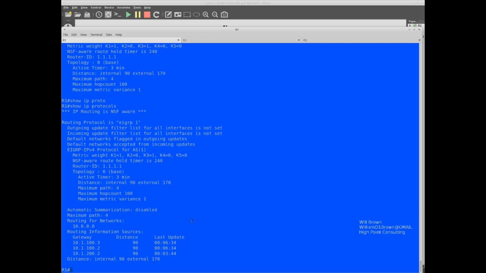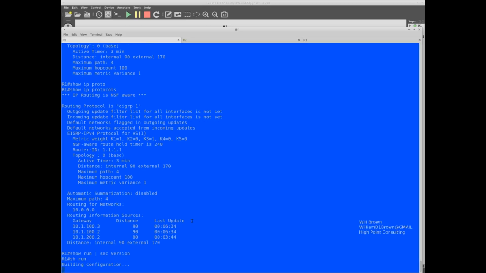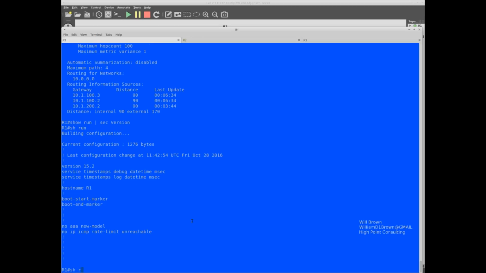This is a 12.x version. Show version, show run section version.